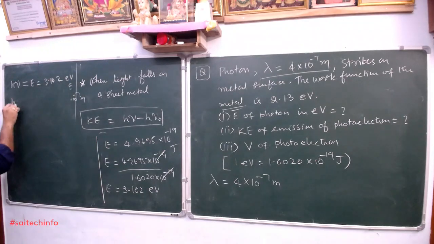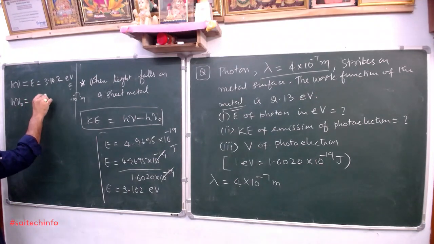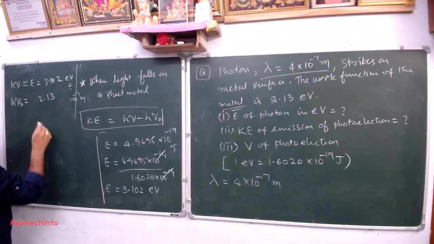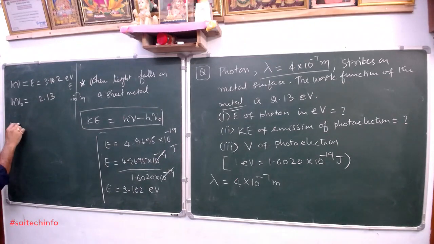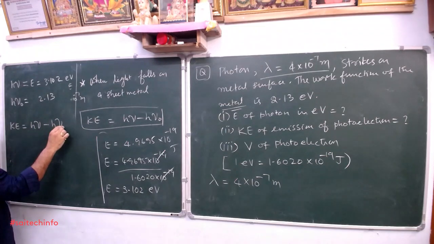And what about h nu naught, which is the work function? That is given, 2.13, is it not?